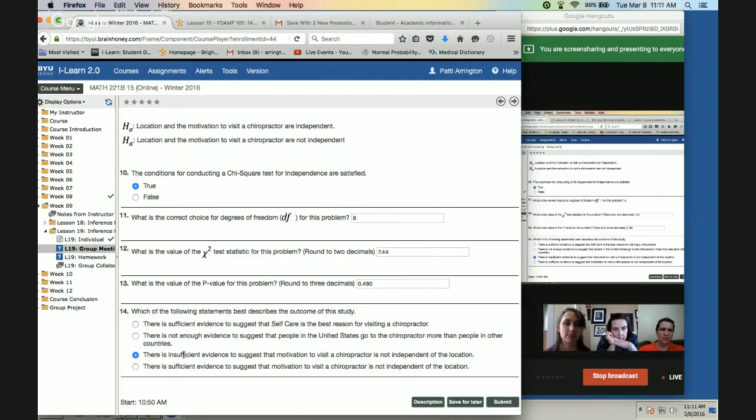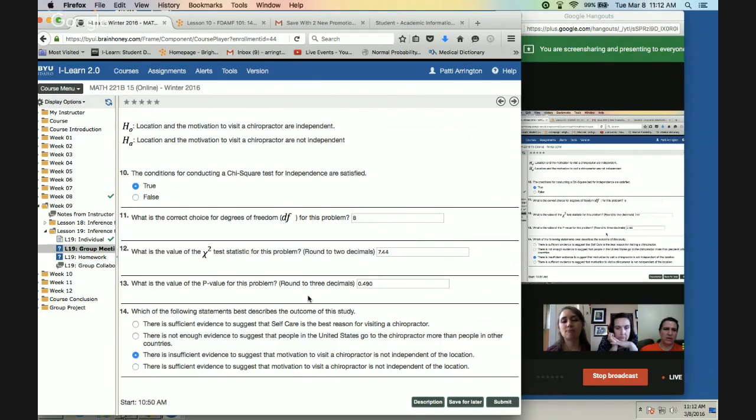The p-value in this problem is 0.490. I keep thinking it's 0.5, not 0.05, so never mind. It's greater than 0.05, so we don't reject the null, which means we do not have sufficient evidence to change the null to the alternative. Okay, makes sense.